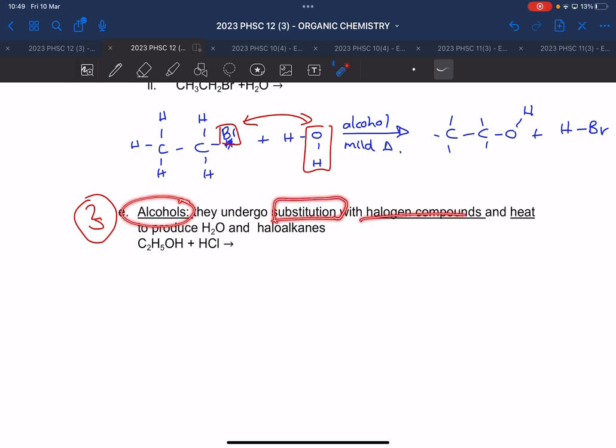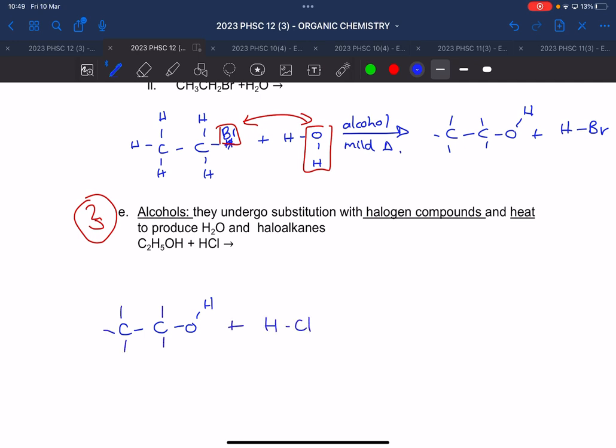substitution with a halogen compound, and we need heat. So we have here again the two carbons with OH, and we need heat. What is the name of the inorganic reagent?